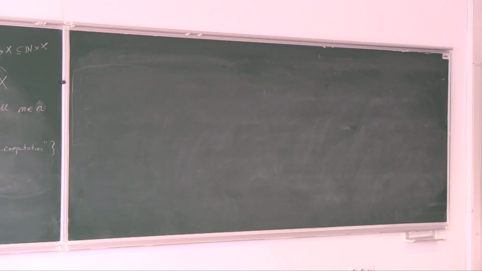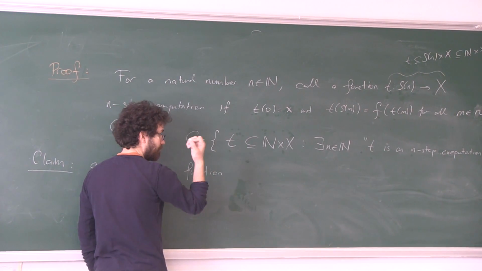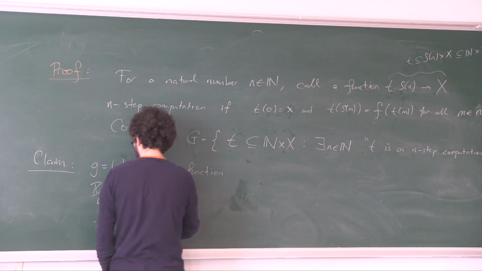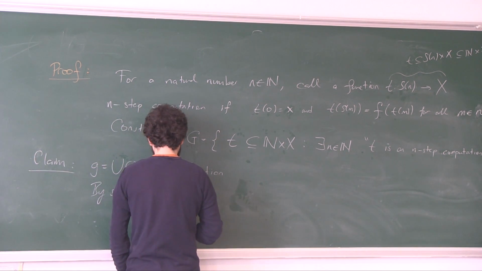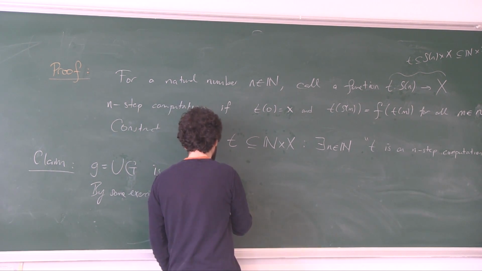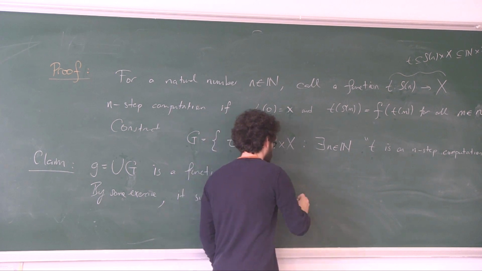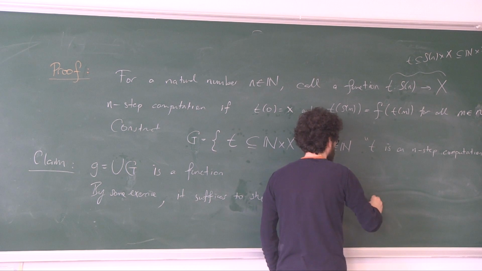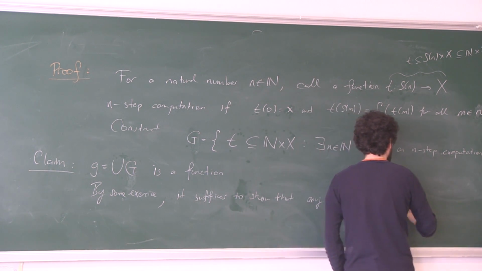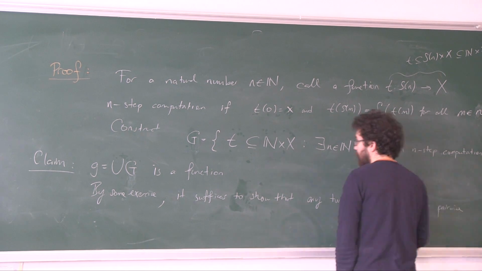By an exercise from a couple weeks ago, it suffices to show that any two elements of G are pairwise compatible functions.